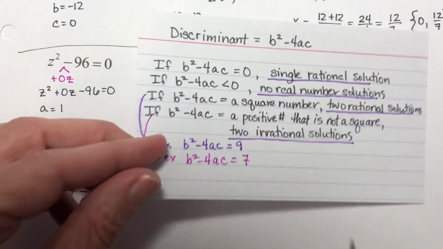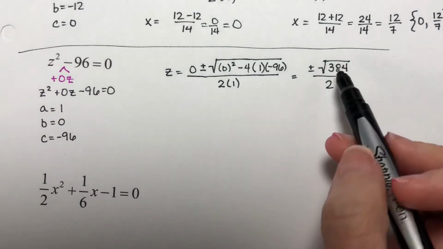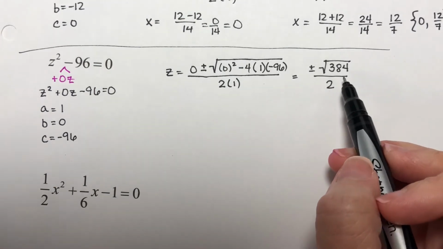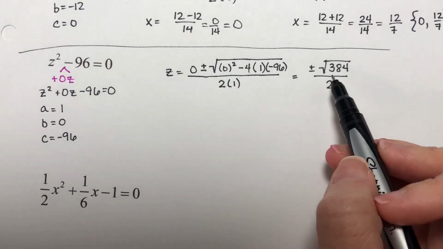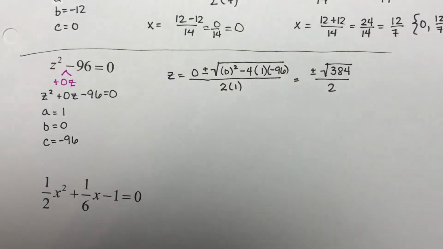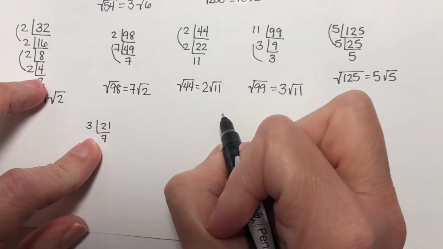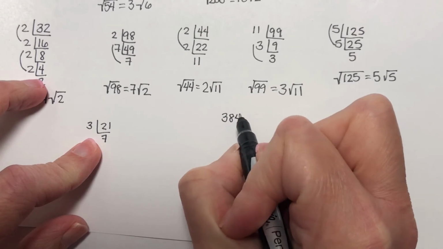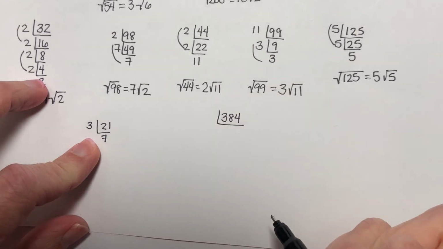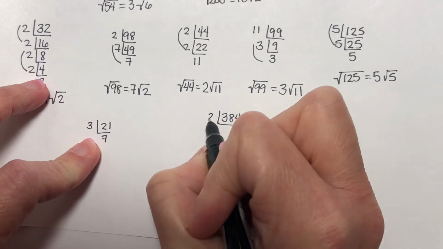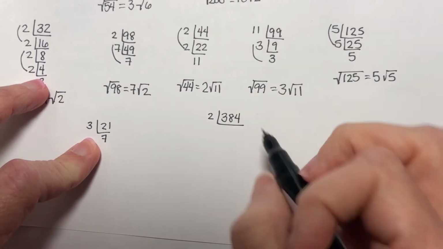I should expect to still have a square root in here. Well, I have the square root of 384. I need to see if this will simplify. So let's find a prime factorization of this. If I take 384 and I divide it by 2, I get 192.